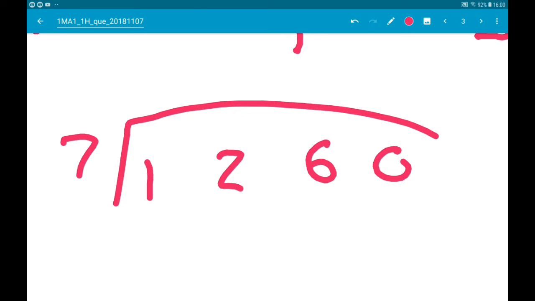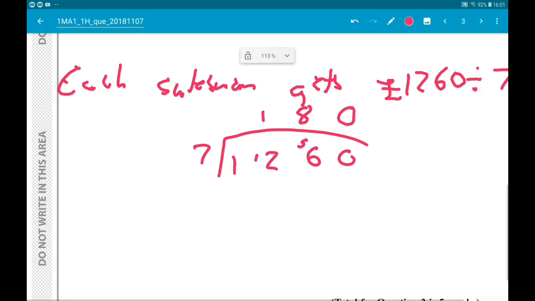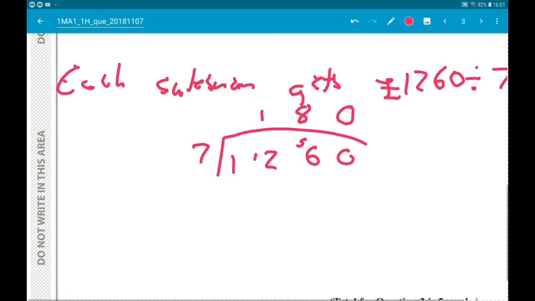Carry the 1. 7s into 12 go once, with 5 remainder. 7s into 56 go 8 times, and then 7 into 0 goes 0. So each salesman gets £180.